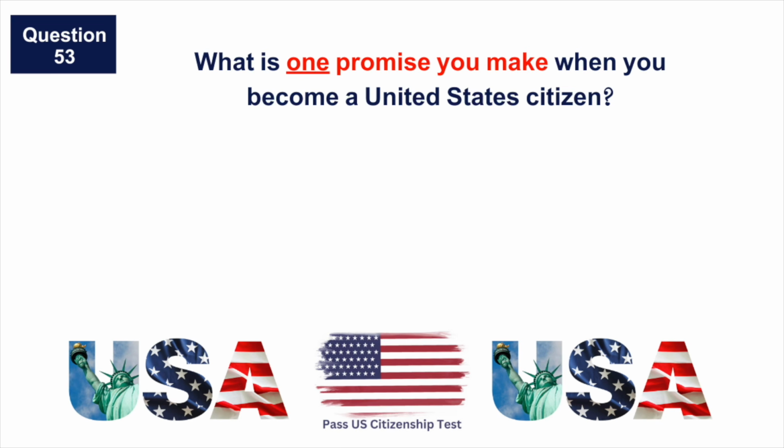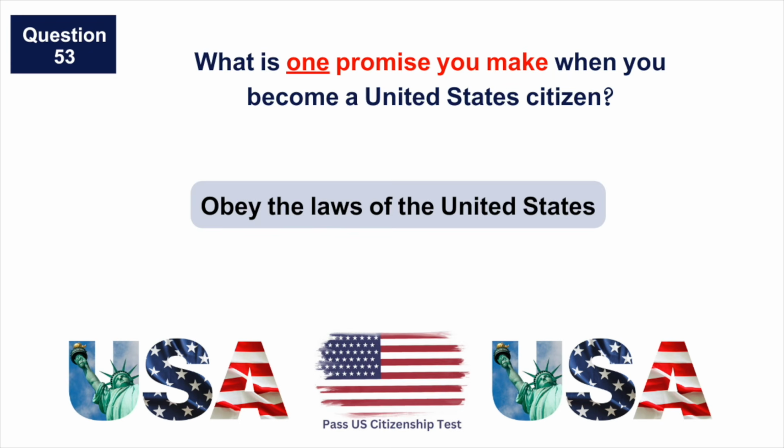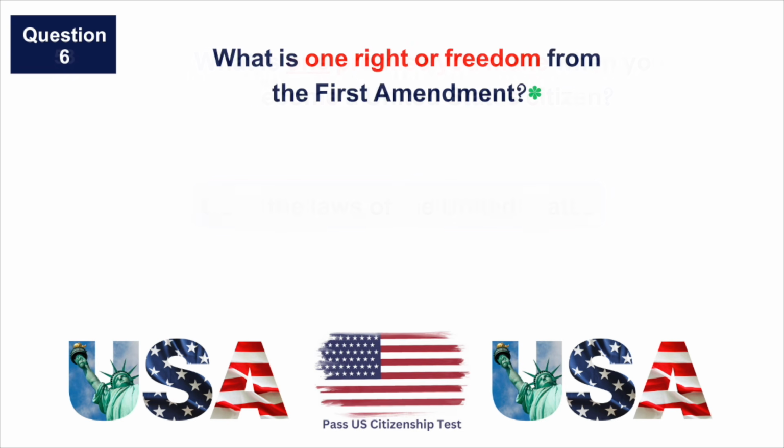What is one promise you make when you become a United States citizen? Obey the laws of the United States. What is one right or freedom from the First Amendment?